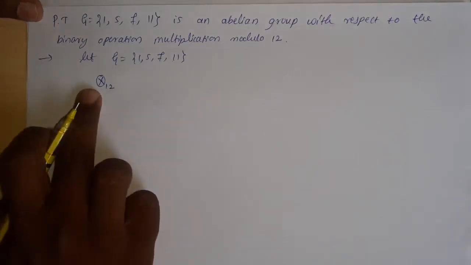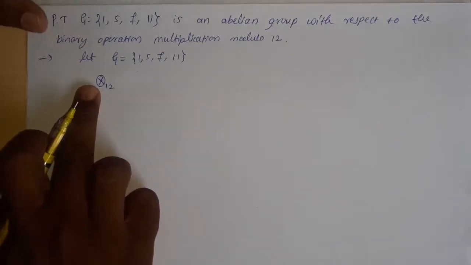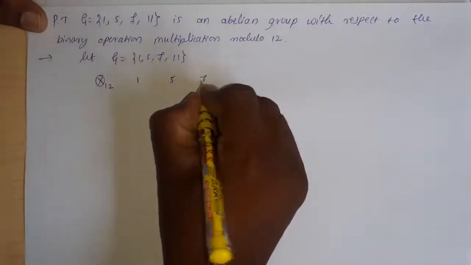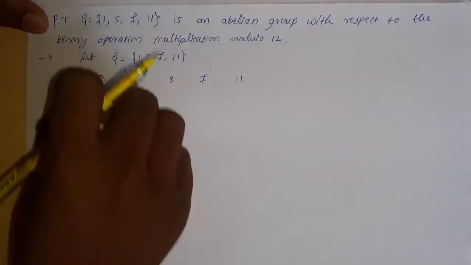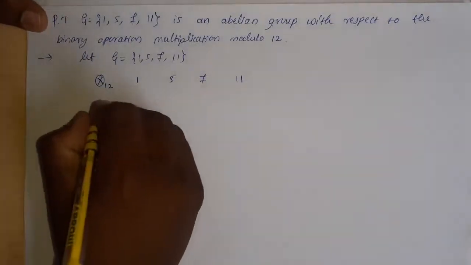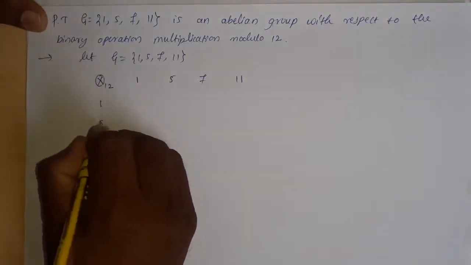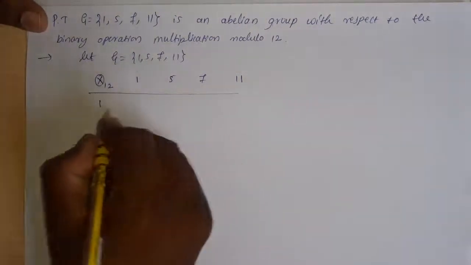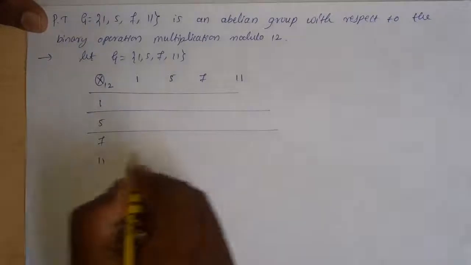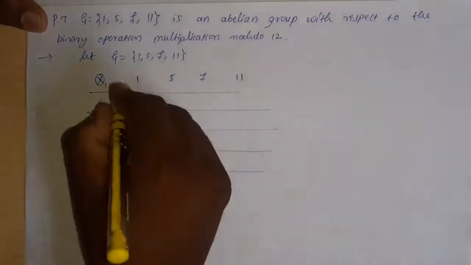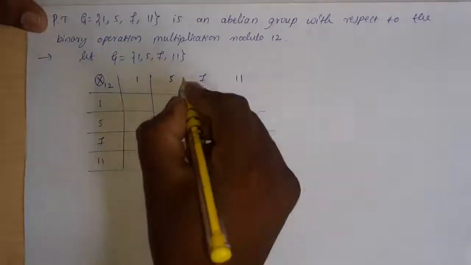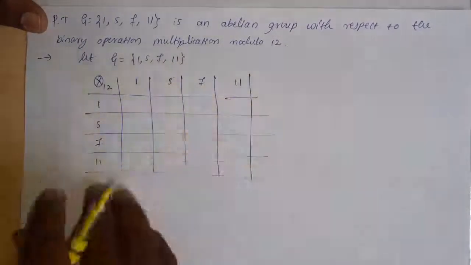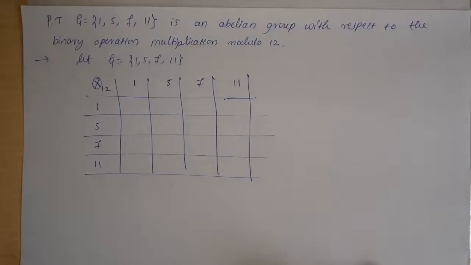It is a symbolic representation of multiplication modulo 12, and the elements 1, 5, 7, 11 and the same elements must be in the column, that is 1, 5, 7, 11. So, therefore, it is the table. Right? This is the multiplication modulo table.